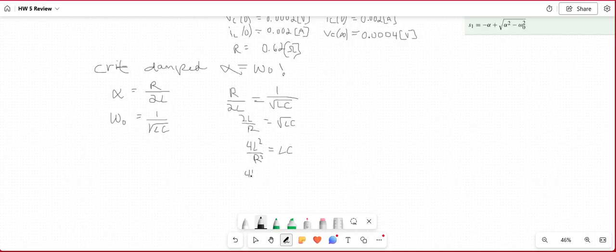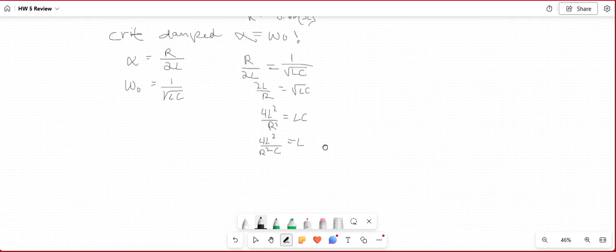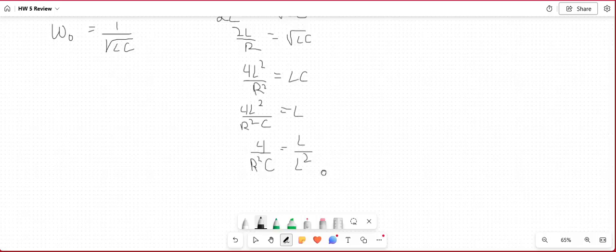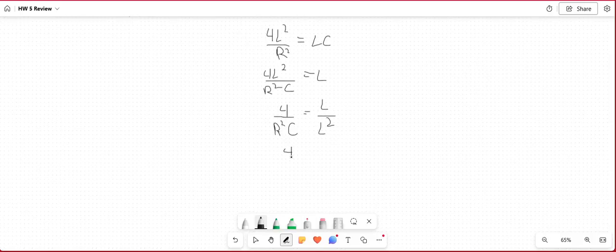So we're going to have 4L squared over R squared C equals L. And now we need to divide by L squared. So 4 over R squared C equals L over L squared, which is the same as 1 over L, right?